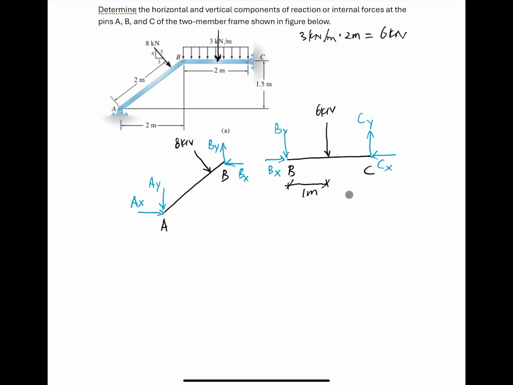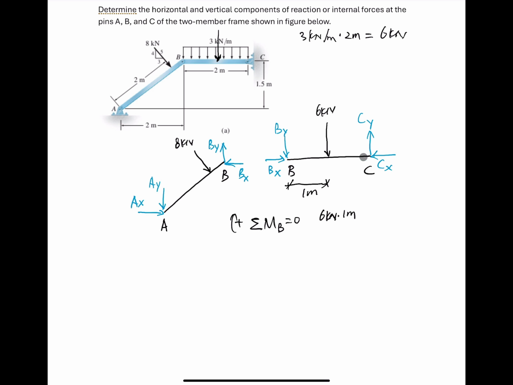I would like to first look at member BC. If we write down the equation of equilibrium for bending moments at point B, we assume the positive direction is clockwise. BX, BY have no bending moment at point B. The 6 kilonewton point load has a bending moment at point B: 6 kilonewton times the lever arm 1 meter, and because it goes clockwise, it's positive.